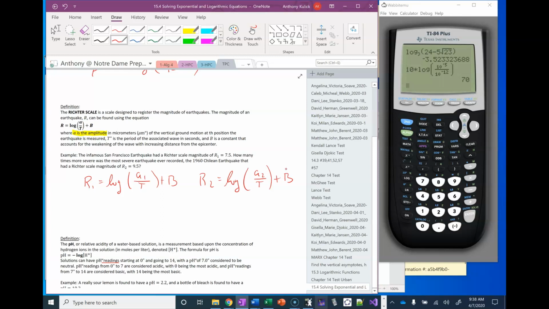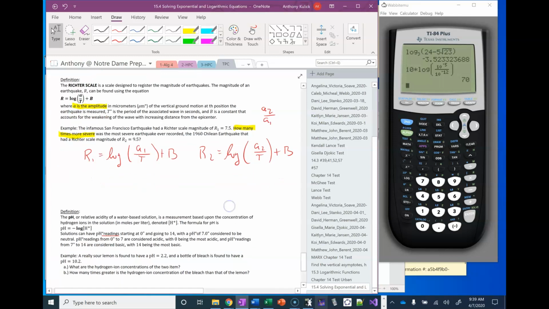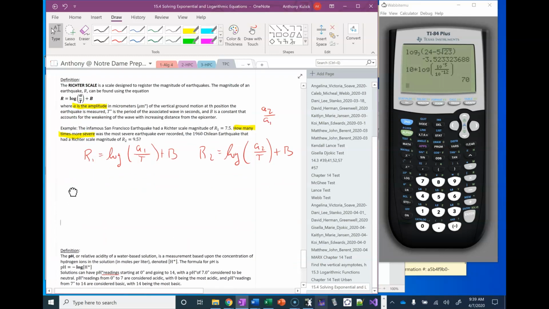So what we're going to want to do is compare A1 and A2. And since it asks for how many more times, what we really want is the more severe over the less severe. We want this fraction. Okay? So to do that, I'm going to take the stronger one minus the weaker one.